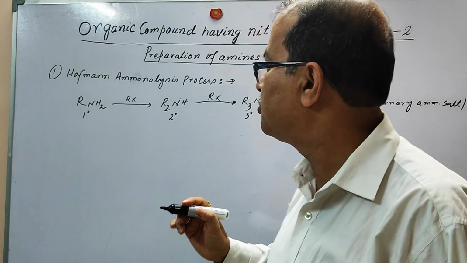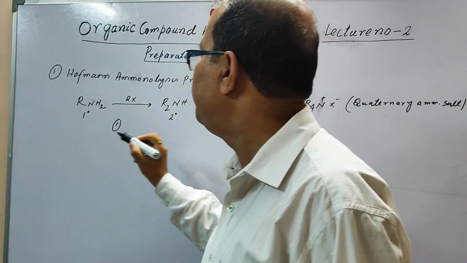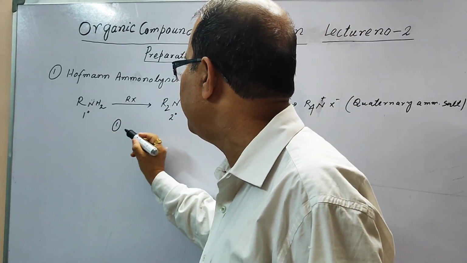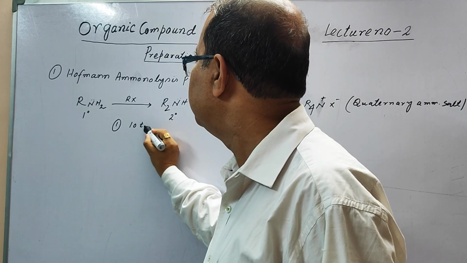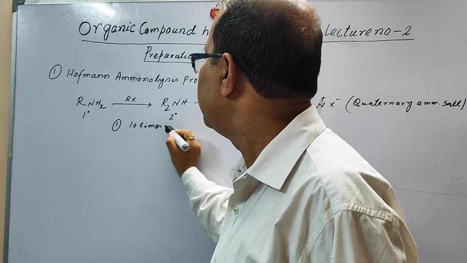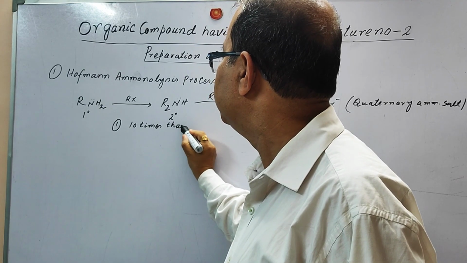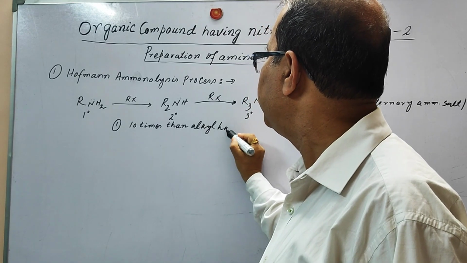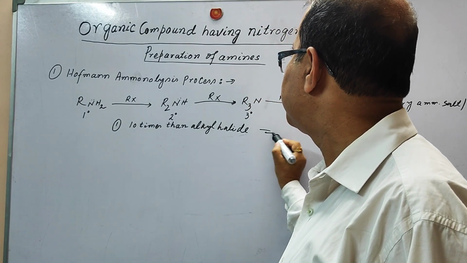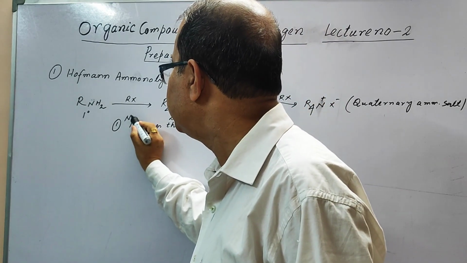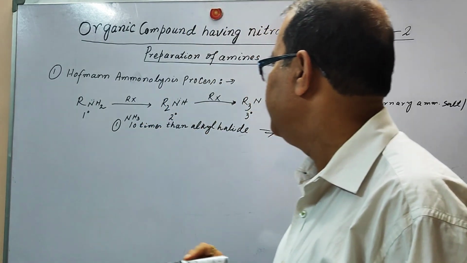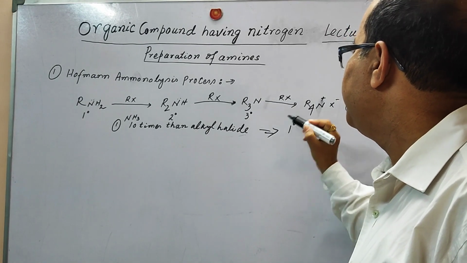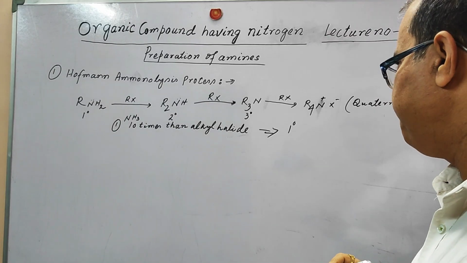There are two reaction conditions. Number one, if we take ammonia in excess amount, excess meaning 10 times that of the alkyl halide, then it will produce the 1 degree amine, that is the primary amine.